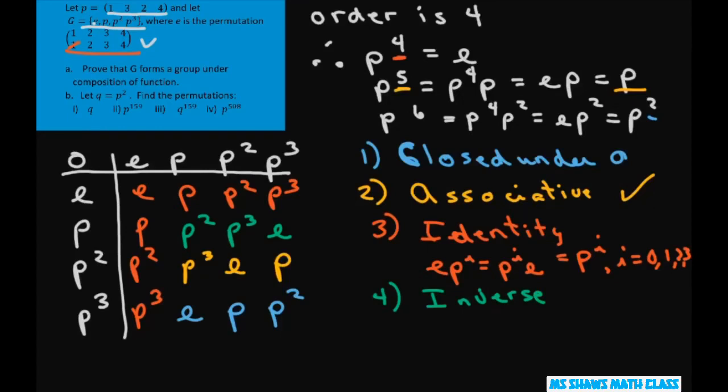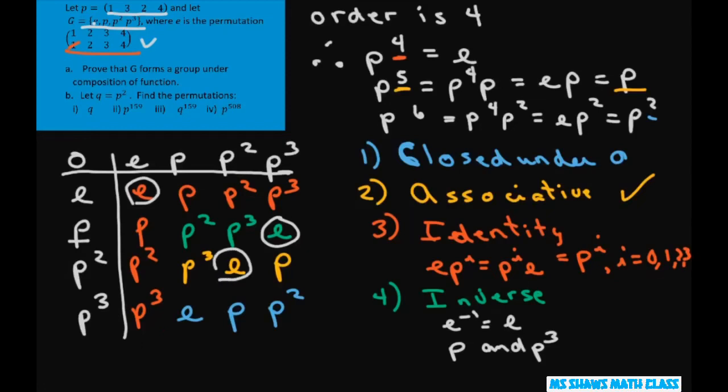We have one here, so E inverse equals E. Here we have an identity, so that means P and P cubed are inverses.